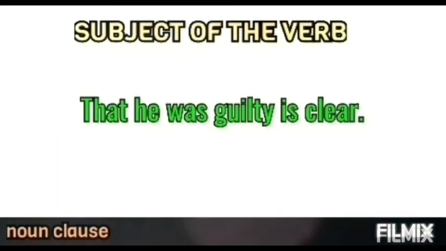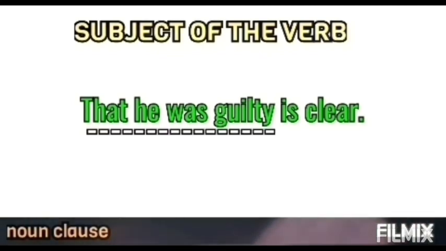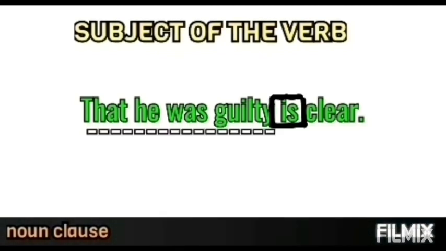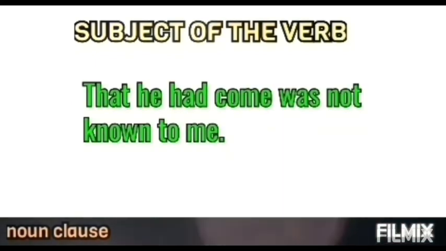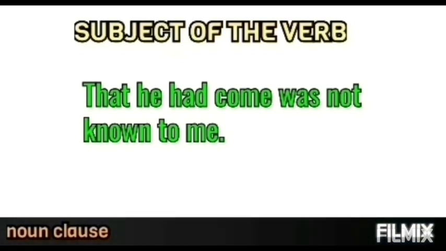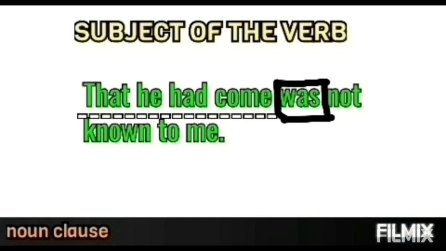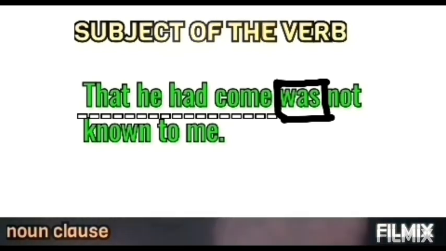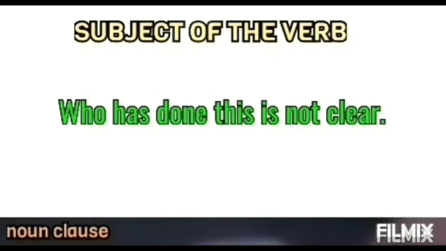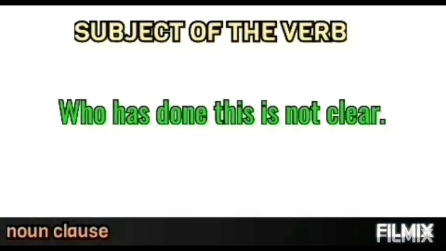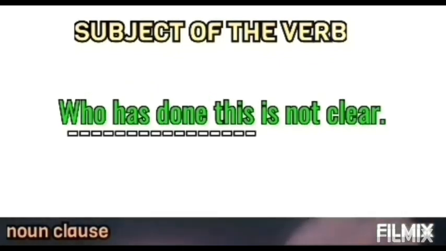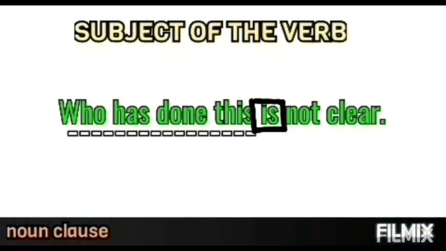I could say it is clear, but in place of it I have used that he was guilty. So underline that he was guilty and put a box around is. Then that he had come was not known to me. So that he had come should be underlined, and was should be inside the box. Then the next one, who has done this is not clear. So who has done this should be underlined, and is should be boxed.